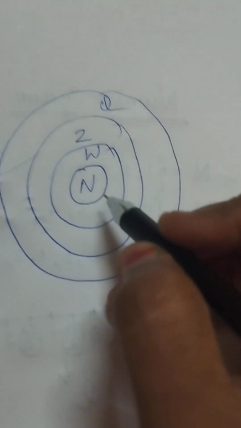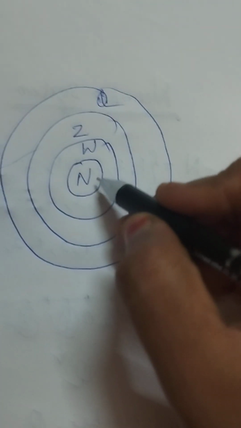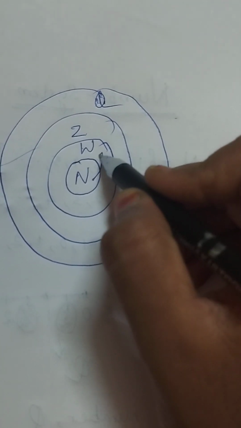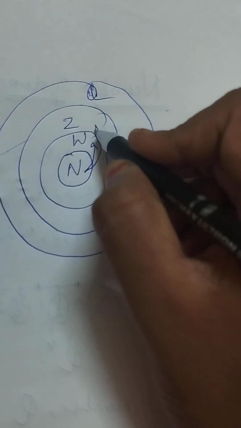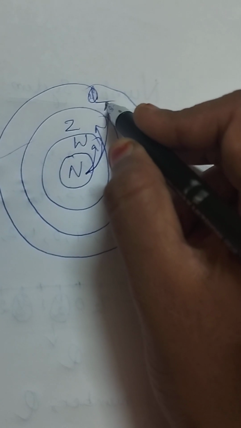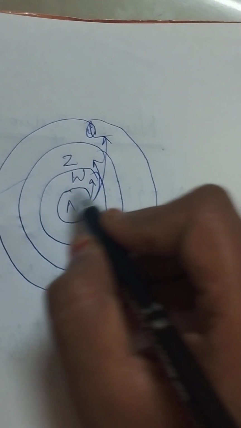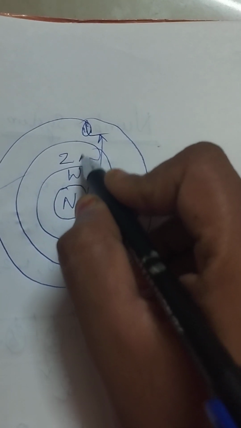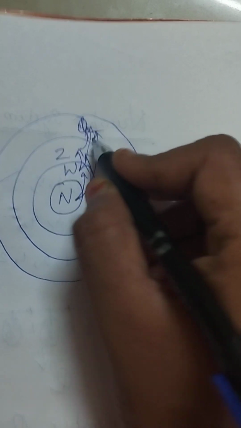One important fact I'm going to tell about these numbers: all the natural numbers are whole numbers, all the natural numbers are integers, all the natural numbers are rational numbers. Similarly, all the whole numbers are integers, all the whole numbers are rational numbers, all the integers are rational numbers.